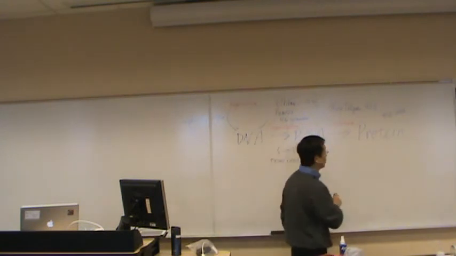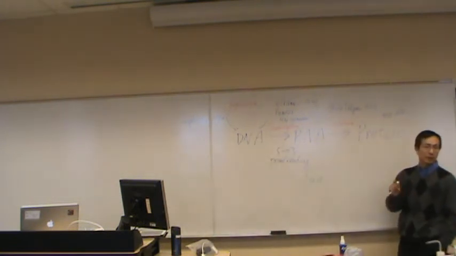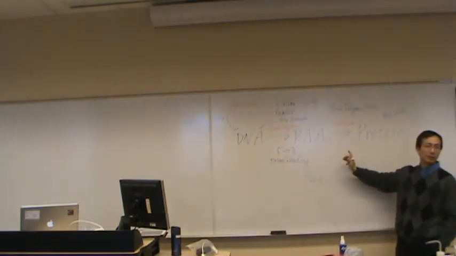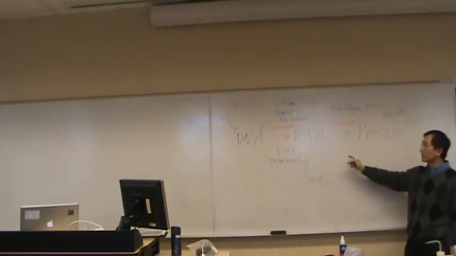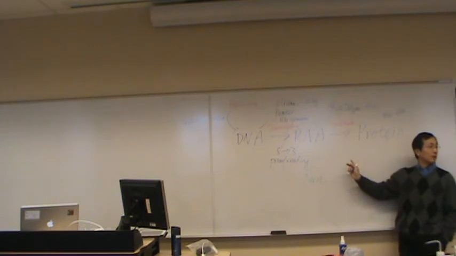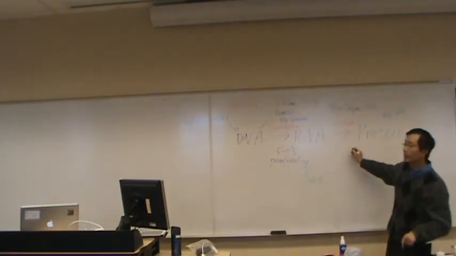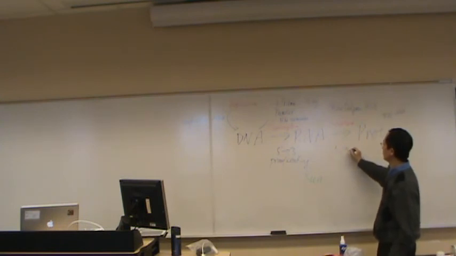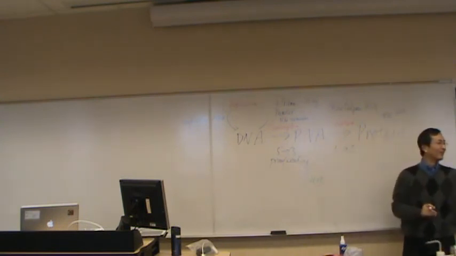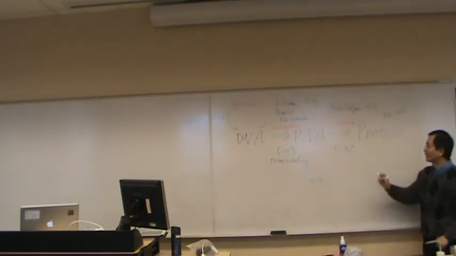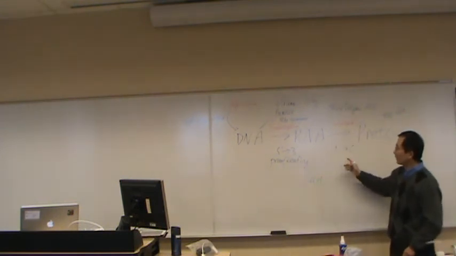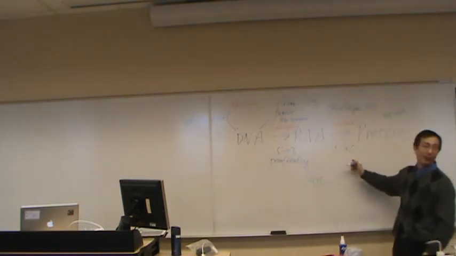For translation, how does it go, from N terminal to C terminal, or C terminal to N terminal? What's the direction of translation? N to C. N to C? C to N? I remember N to C. Somehow they seem to agree. Yeah. And what's formed is also a peptide bond.